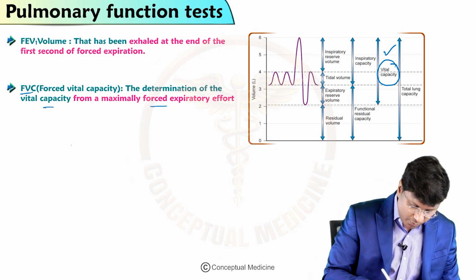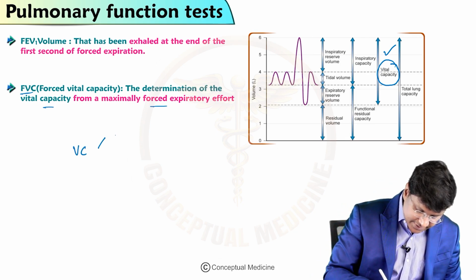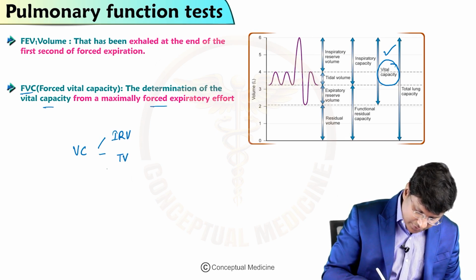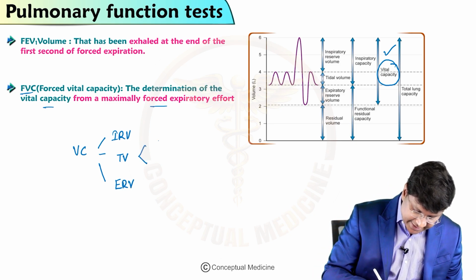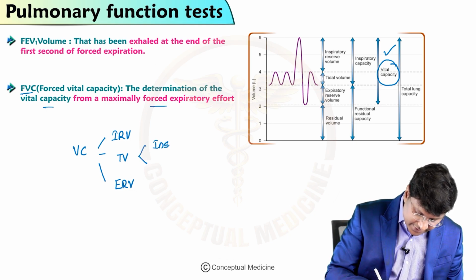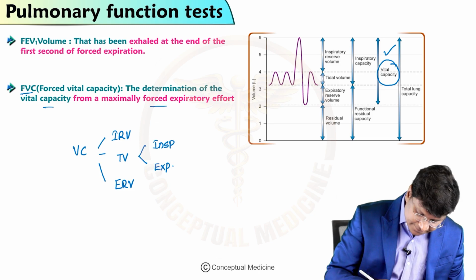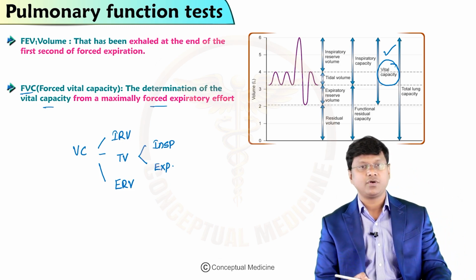So, vital capacity contains inspiratory reserve volume, the tidal volume, and the expiratory reserve volume. And tidal volume again contains the inspiratory component as well as the expiratory component.